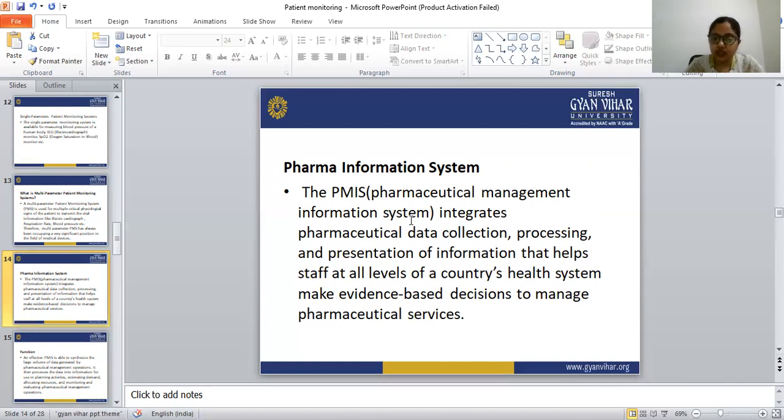And it also keeps a tab on whether the appropriate dose has been given based on the patient's age, weight, and other physiological factors.